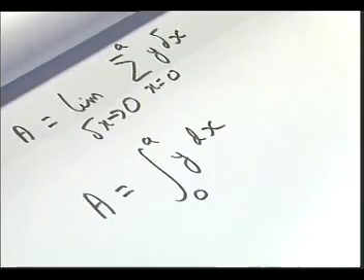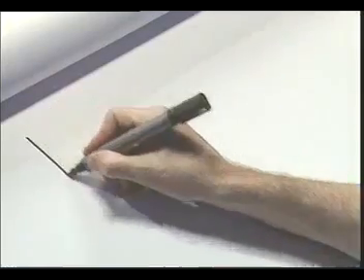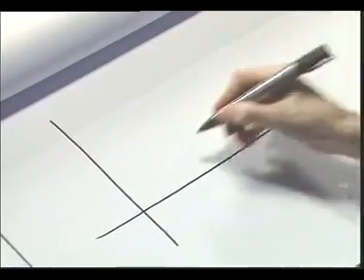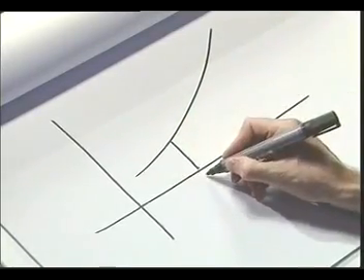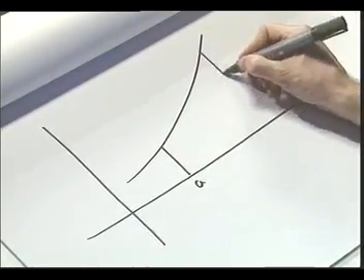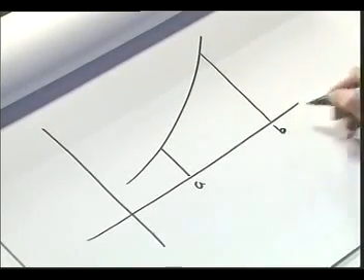OK, supposing we actually want the area not from 0 to a, but between, let us say, two limits, a and b, two values of x and the curve. So we want, let's say, to find the area, let's have a curve here that goes between there and there.